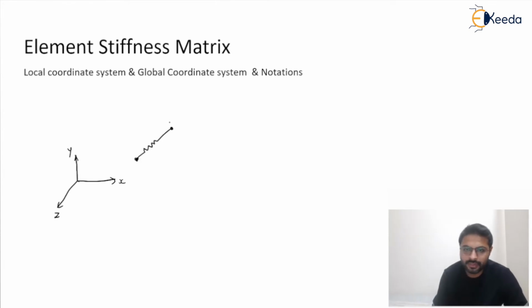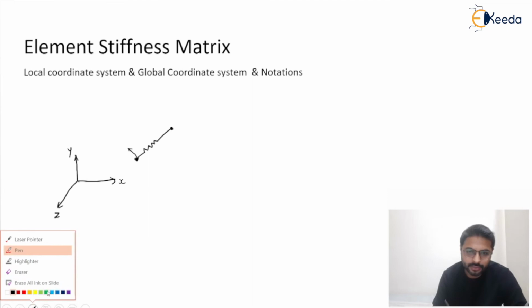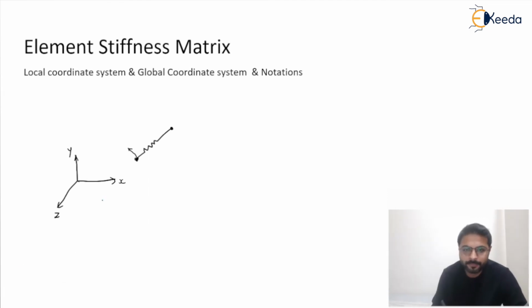First node is here, second node is here. Let me show the local system in another color so that it gets differentiated. This direction is the x direction, so here it is x naught, here it is small y naught, and here it is z naught.